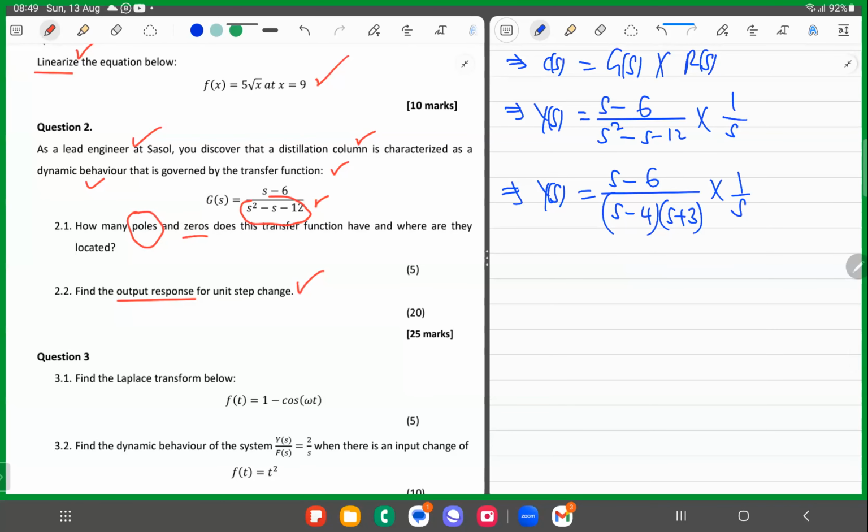Doesn't really make a huge difference. So which means you have that. This we can write it as A divided by s minus 4, plus B divided by s plus 3, plus C divided by s.